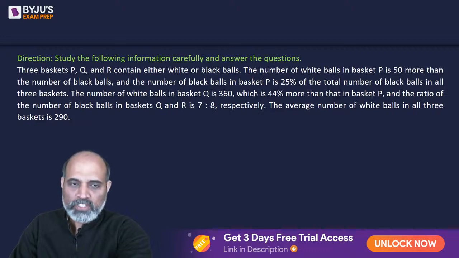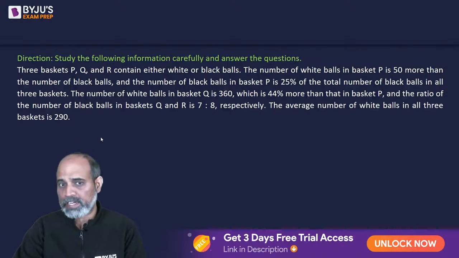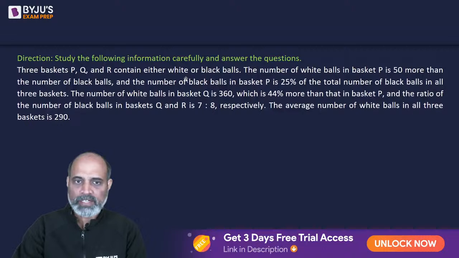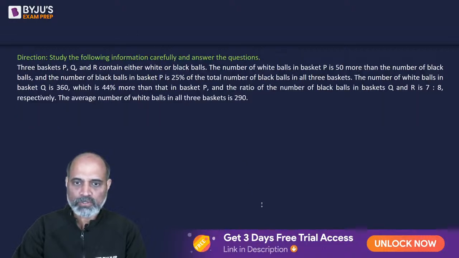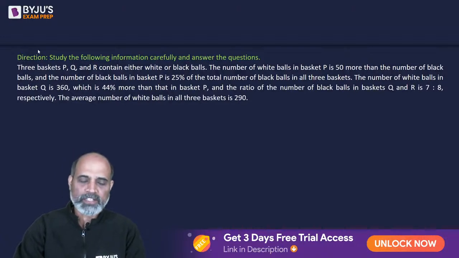Chalo. So for this also we will need a table, and in that table we will need the classification as basket number and the number of white and black balls, right? So let me make this a little smaller so that there is sufficient space. So we are supposed to draw a table. So instead of freehand drawing, I am using the table option here.